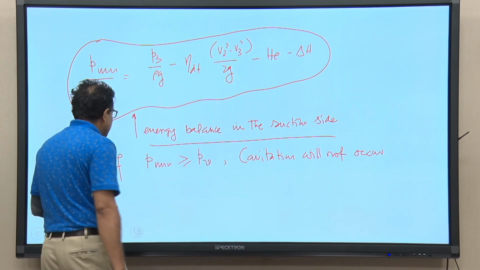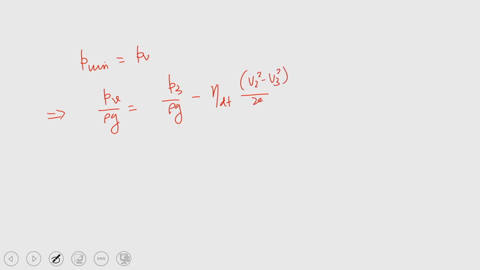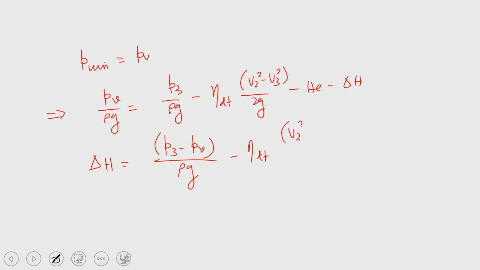Okay. So, if I now consider the limiting case, that is P minimum equal to P v, then we can write P v by rho g equals P 3 by rho g minus eta dt times (V 2 square minus V 3 square) by 2 g minus H e minus delta H. So, we can write this delta H as P 3 minus P v by rho g minus eta dt times (V 2 square minus V 3 square) by 2 g minus H e.